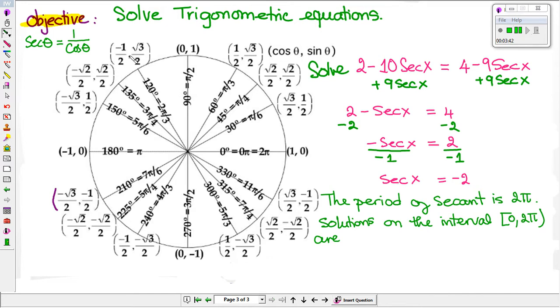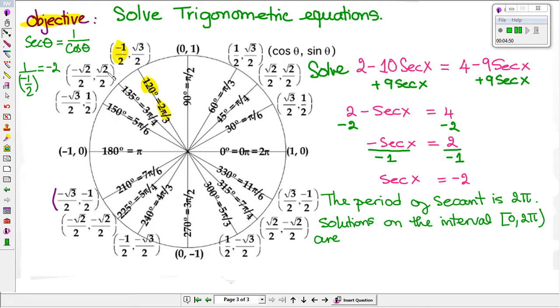Let's look at 120 degrees, or 2 pi over 3. If I take 1 divided by negative 1/2, that will give us negative 2.